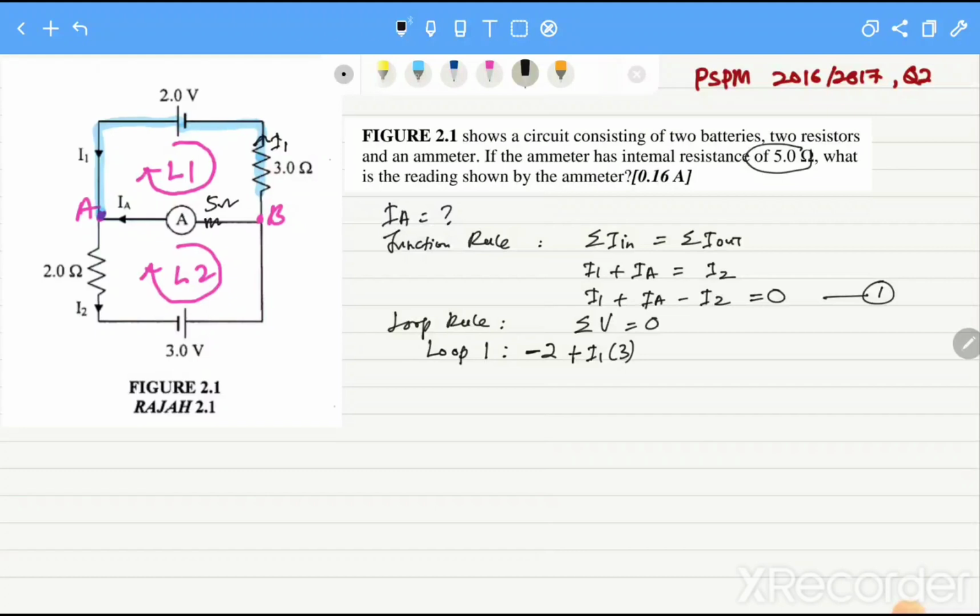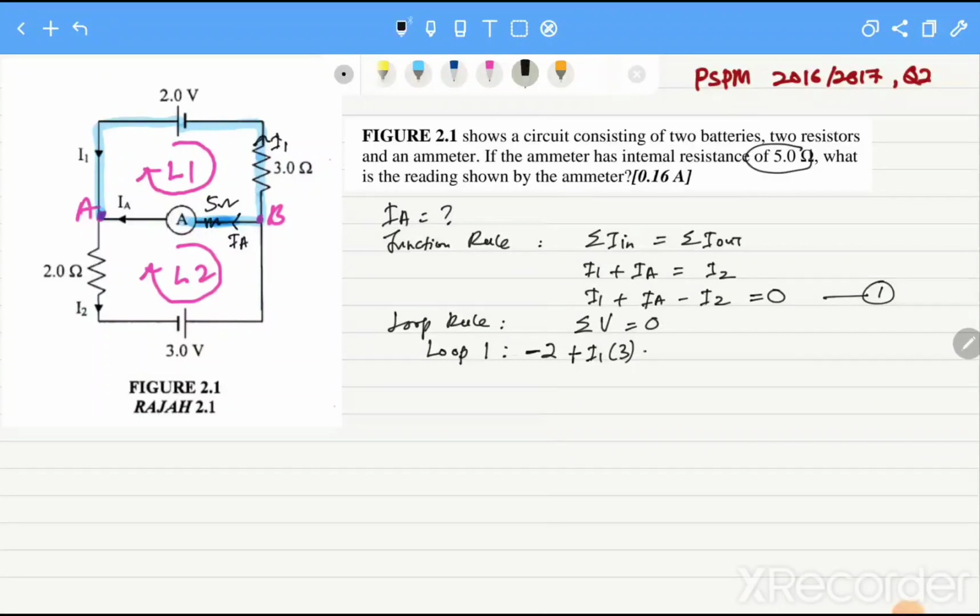Okay, next, we are moving in the 5 ohm resistor. In the 5 ohm resistor, the voltage is IA times 5 ohm. Because we are moving in the same direction as the current, the voltage will drop.